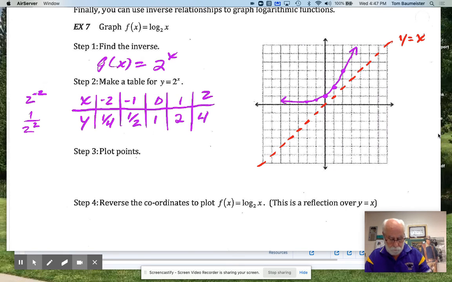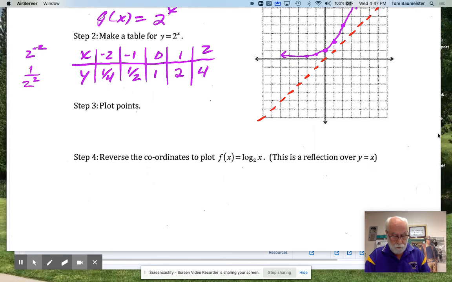Remember, they like you to put the table by the graph here. It'll be interesting to see how they have you do it. So what it says here is we are going to reverse the coordinates. Let me use a different color. I'll use blue this time.